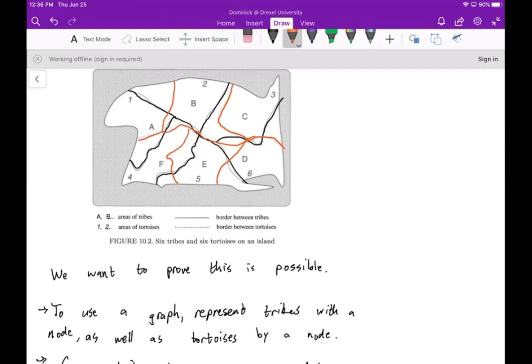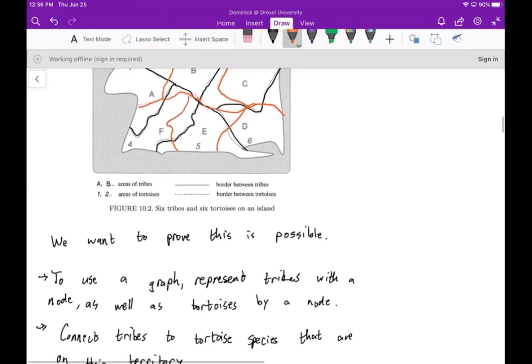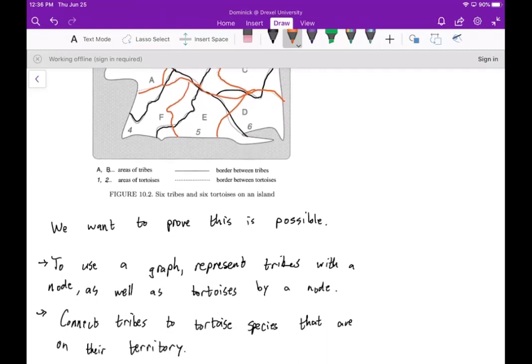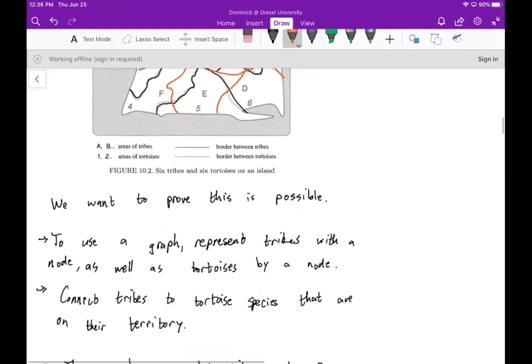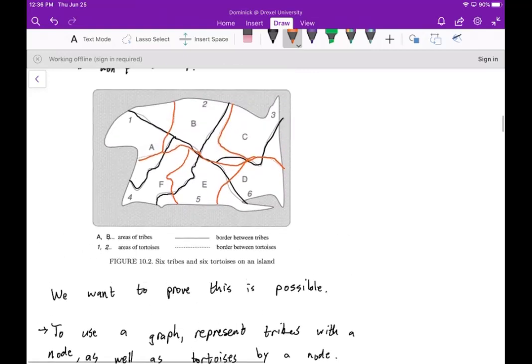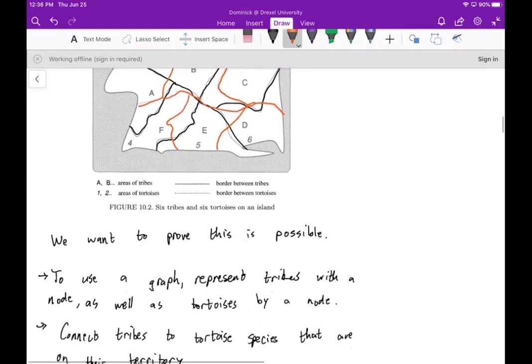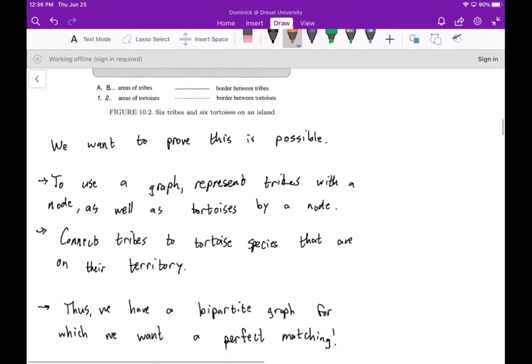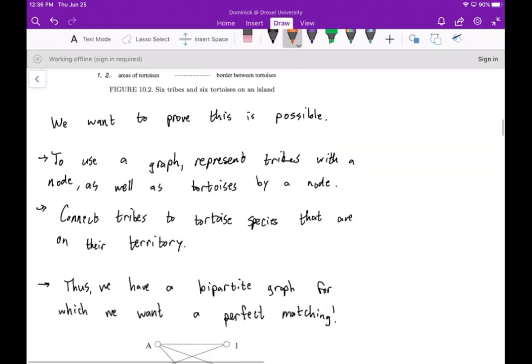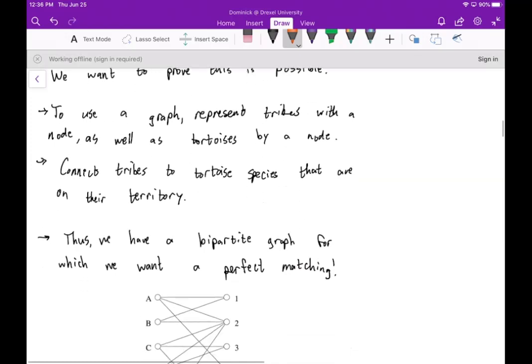So we're going to use a graph for this situation. We're going to represent the tribes with nodes as well as the tortoises by nodes. In one class of our nodes we'll have the tribes, and the other class will have the species of tortoise. And we're going to connect the tribes to tortoise species that are on their territory.